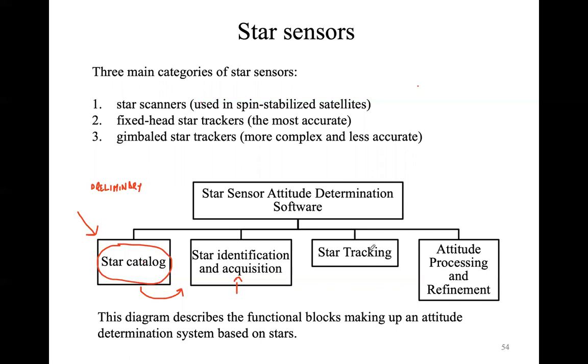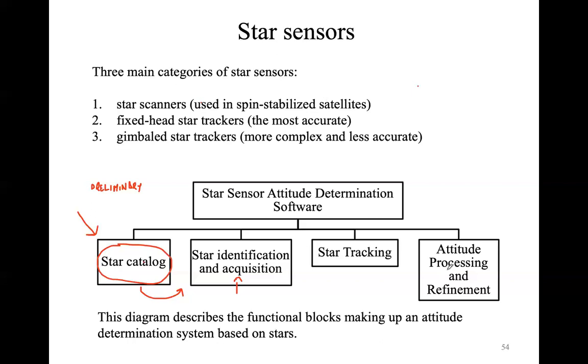So you are trying to observe how the star is moving along the sensor's detector in order to follow the attitude. The final step is the attitude processing and refinement.